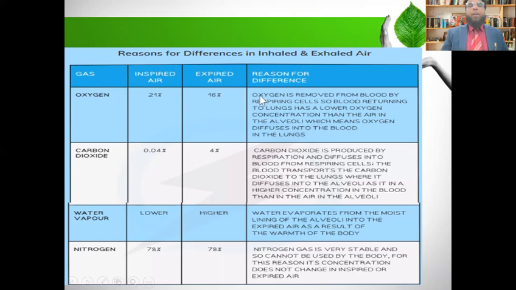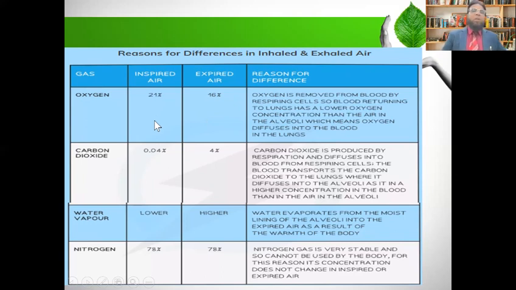Now see here the reason for the difference. Oxygen is removed from the blood by respiring cells, so blood returning to the lungs has a lower oxygen concentration than the air in the alveoli, which means oxygen diffuses into the blood in the lungs. So this is about the oxygen.